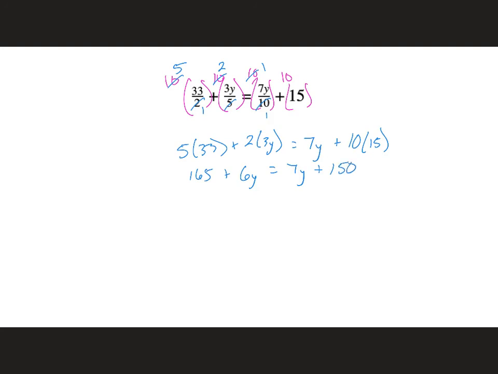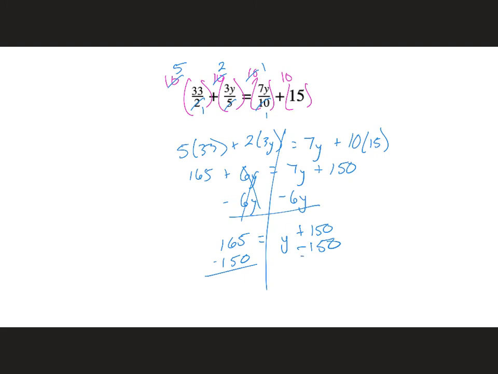All right, zero pair now. I want to subtract 6y from both sides. So I have 165 is going to equal y plus 150. Subtract 150 from both sides. And that brings me to 15 is equal to y.